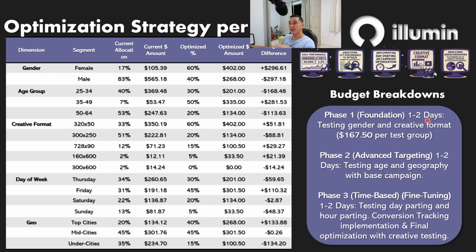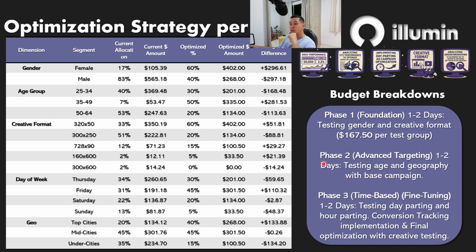So let's look at these 3 different phases. So we have the foundation where we're testing the gender and the creative format, right? And we're allocating $167 per test group.